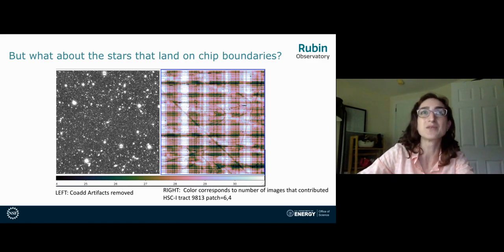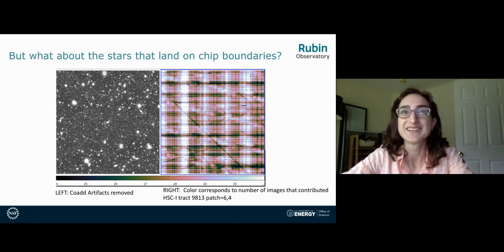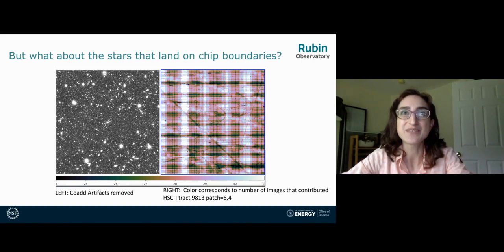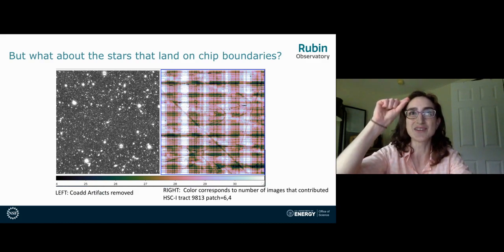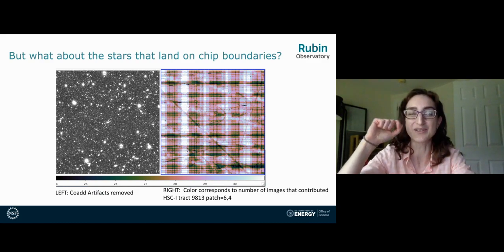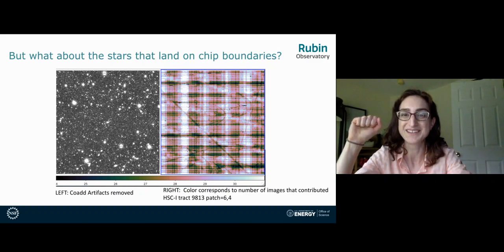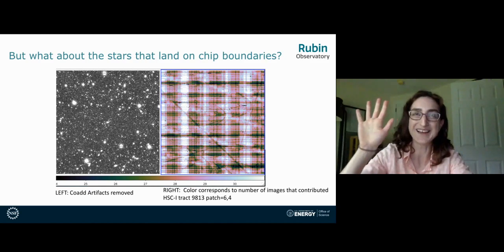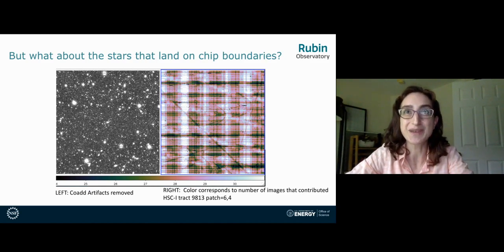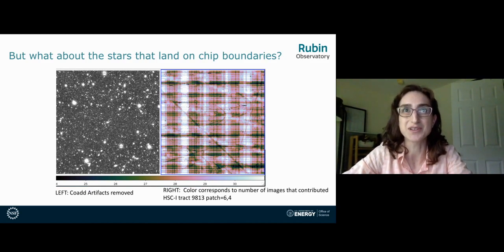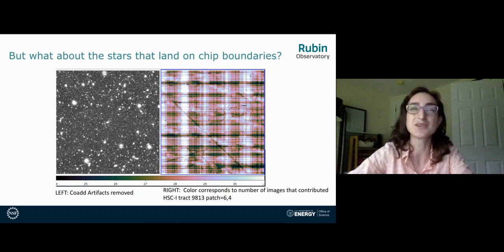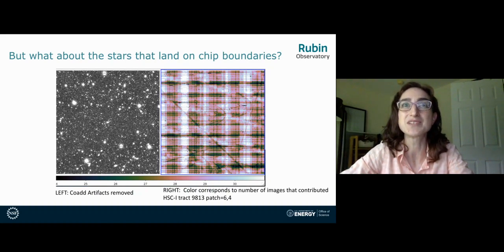For the white regions, roughly 33 visits have contributed, and what you're seeing is all the chip gaps of the original input images lining up. And these chip gaps give it a plaid look. In addition to the chip gaps, you can also see where the artifacts were clipped too. There's satellite trails going through it, and you can see some ghosts and asteroids that were clipped as well.